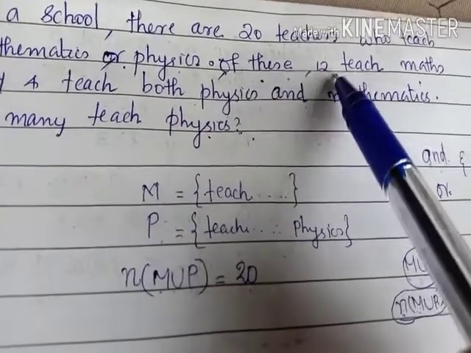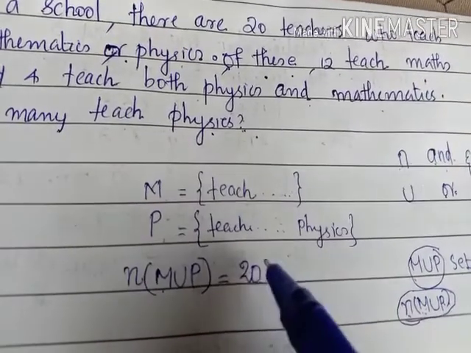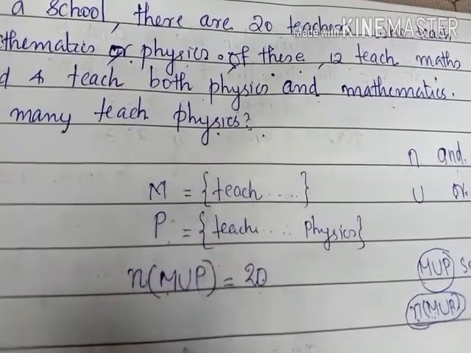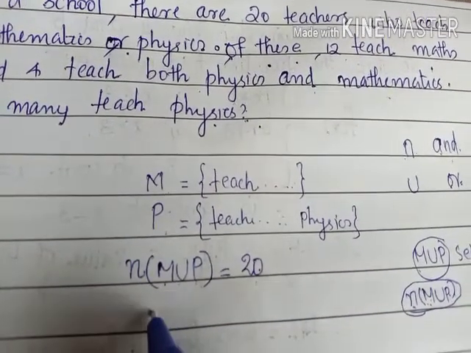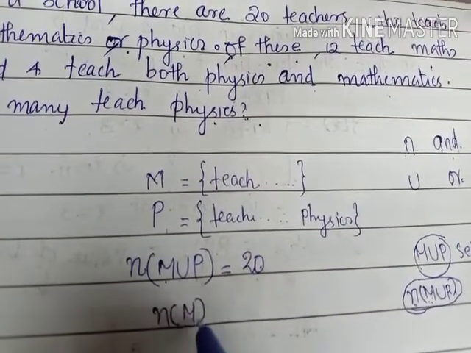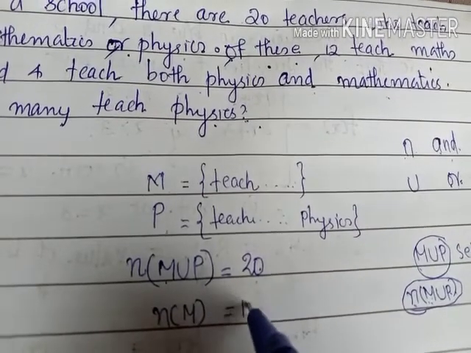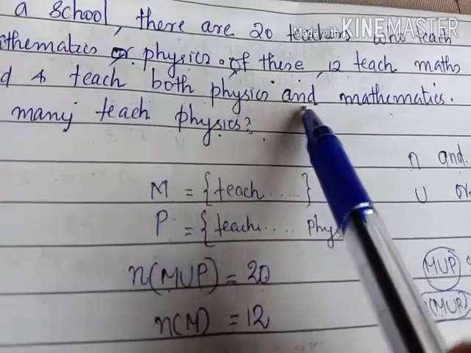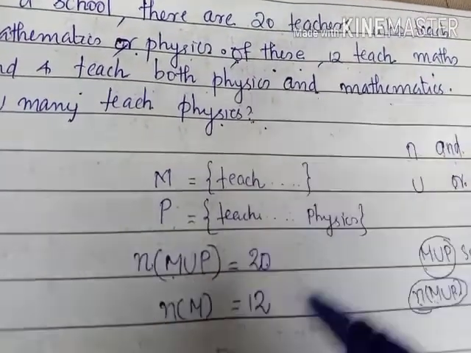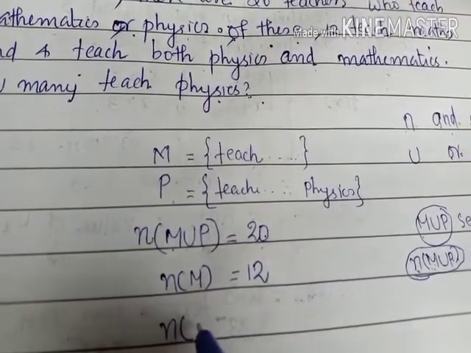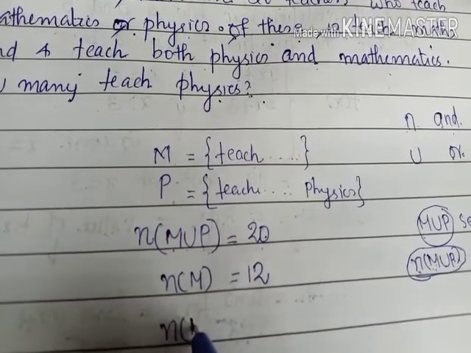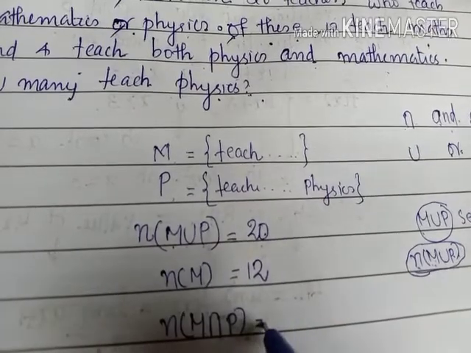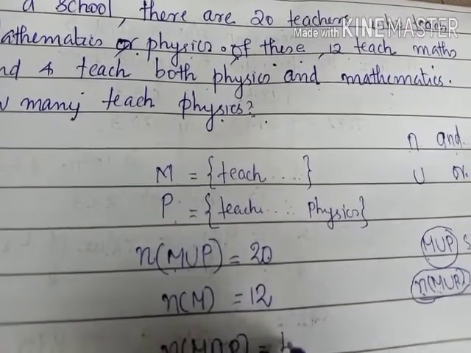Of these, 12 teach maths. Out of these 20, including in this 20, 12 teach maths. So the number of teachers who teach maths is 12. 4 teach both physics and mathematics. So the number of teachers who teach maths and, meaning intersection, physics is equal to 4.